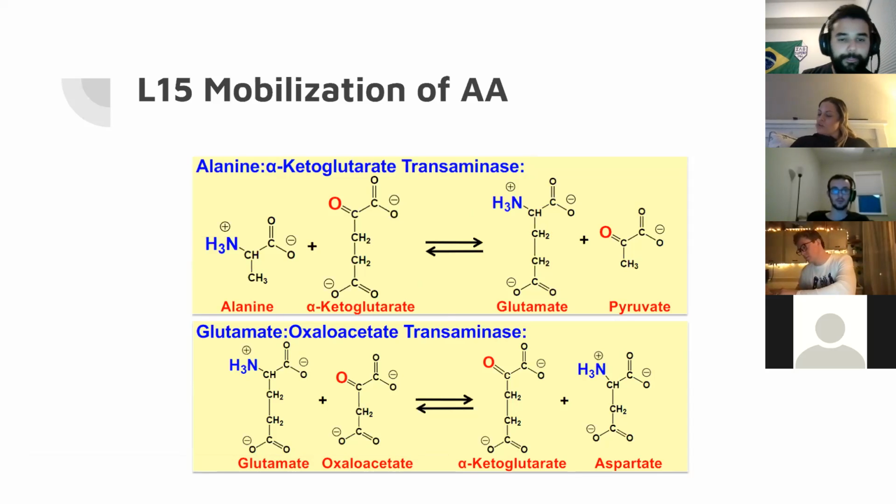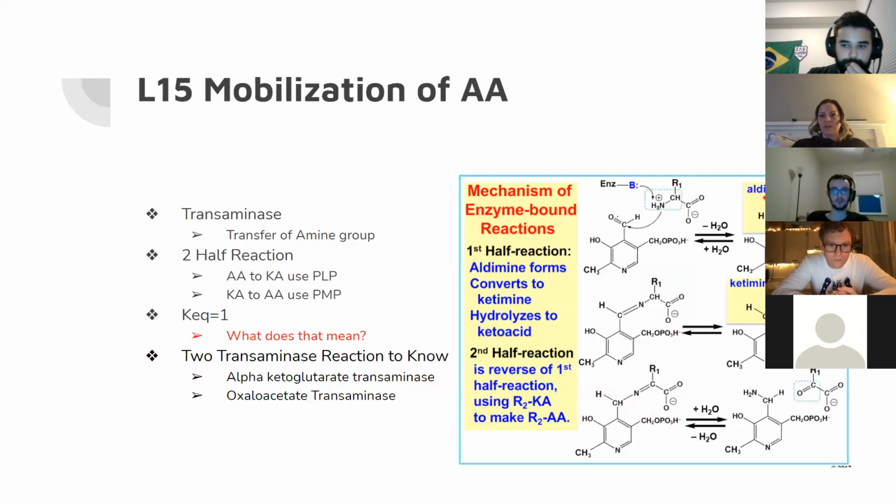So I have a quick question on that. Back on the slide about the PLP and the PMP, where it says the two half reactions, is this a coupled reaction that shows the two different directions it can go? It's basically showcasing that there are two enzyme forms working at the same time, our PLP and our PMP.